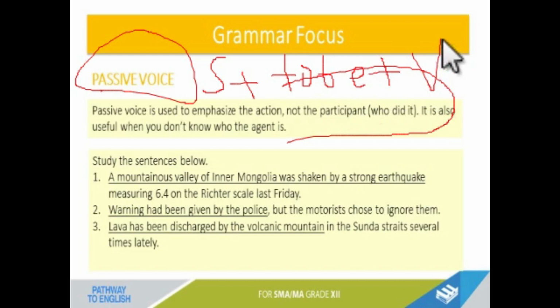Every tense must be followed by its to be: present tense is is, am, are; past tense was, were; present perfect has been, have been; past perfect had been; and future will be verb 3. I think you have already learned this, so I don't want to explain more.